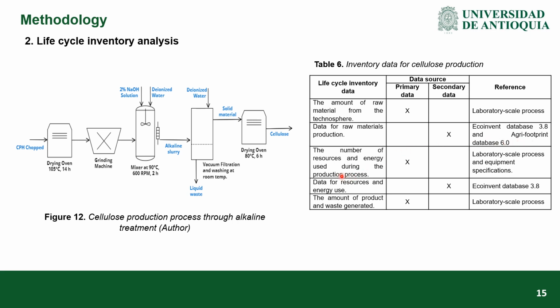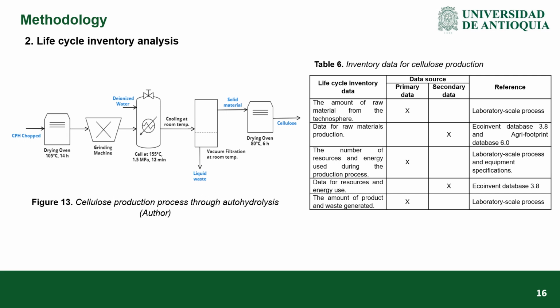The amount of resources and energy used for this transformation process were primary data taken from the laboratory scale process and equipment specification. The data for the energy used were secondary data taken from the equipment database, and the amount of product and waste generated, corresponding to the cellulose and the liquid waste, were primary data taken from the laboratory scale process.